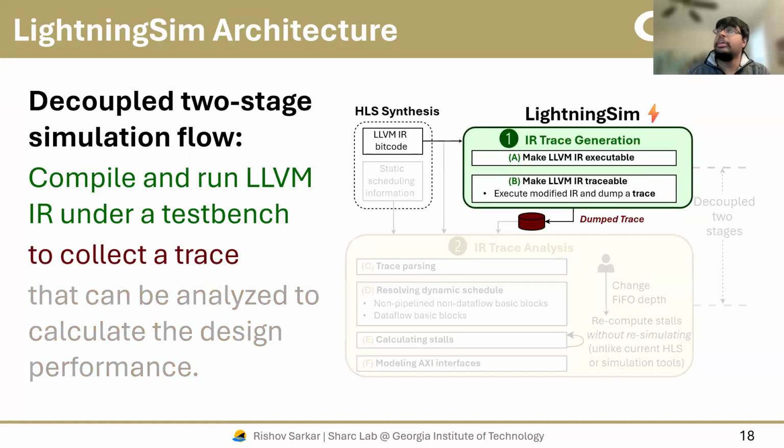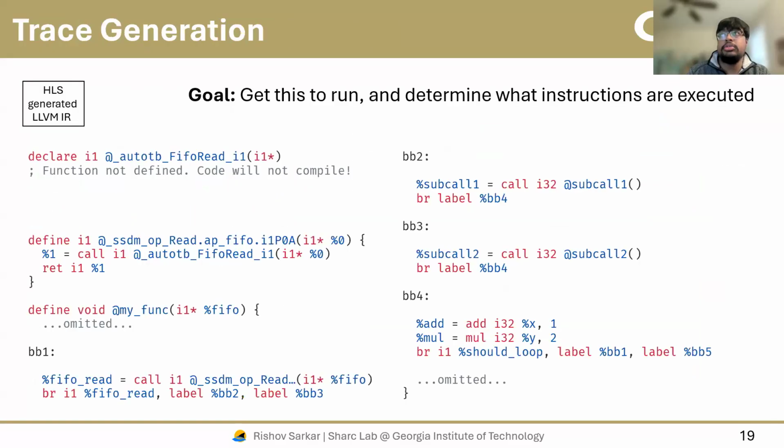So first, let's look at the first half of this architecture where I compile and run the LLVM IR under a test bench to collect a trace. So the goal here is, of course, we take the IR directly from that front-end compilation, as we showed from the HLS synthesis process earlier, and determine what instructions are executed under a given test bench.